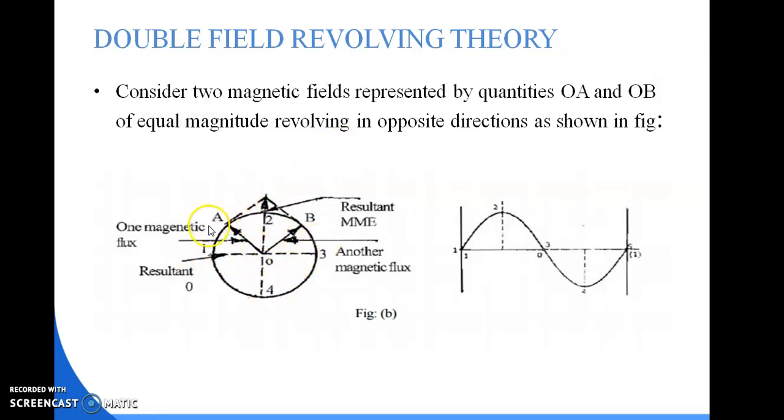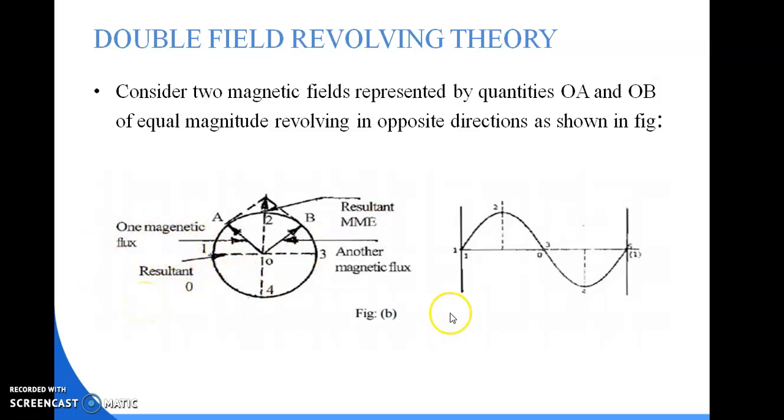We can see this is the resultant MMF and another magnetic axis is here. One magnetic flux is here, another magnetic flux is here. We can see two magnetic fluxes, and this is the resultant MMF and this is the resultant magnetic flux.